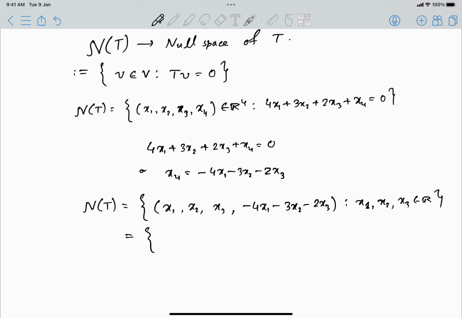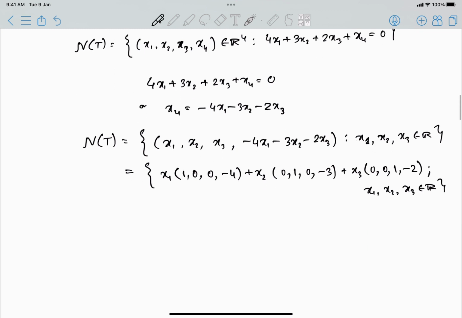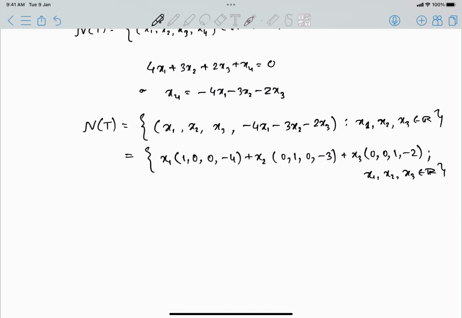Then what it will look like: you can write x1 times (1, 0, 0, minus 4) plus x2 times (0, 1, 0, minus 3) plus x3 times (0, 0, 1, minus 2), where x1, x2, x3 are real numbers.